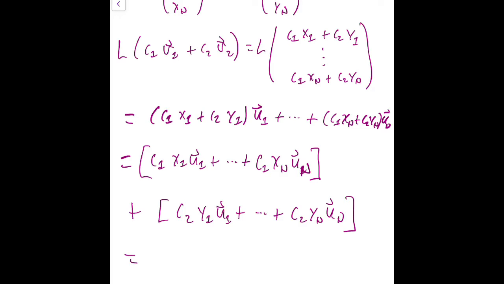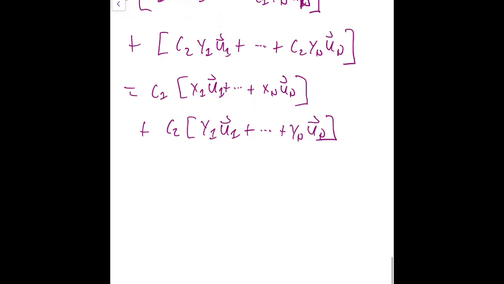Now this top one is just equal to c1 times x1 u1 plus plus xn un, and then the bottom is just c2 times y1 u1 plus plus yn un.